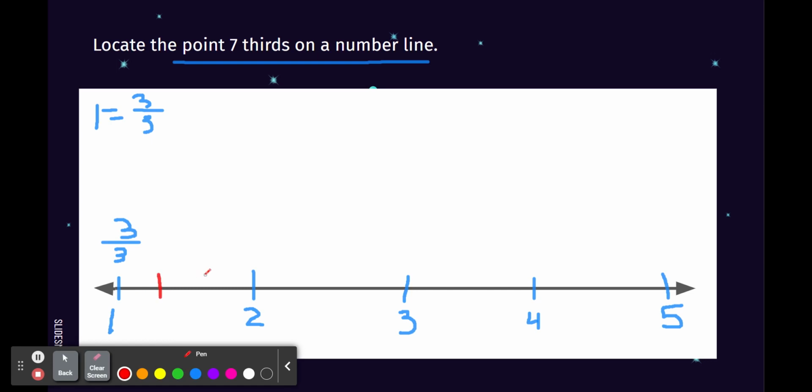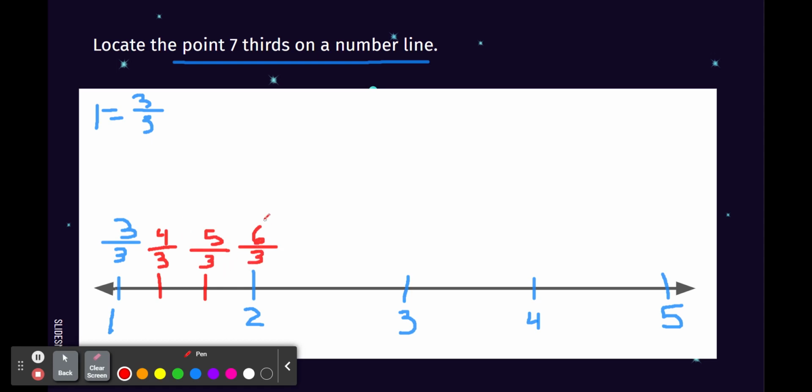There's 1, 2, so now I have 3 equal sections in between 1 and 2. At this point right here, this is going to be 4/3, because at 1 we have 3/3. Then I have 5/3. Then I have 6/3.